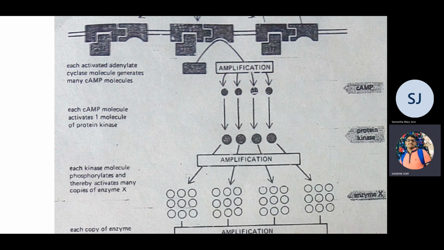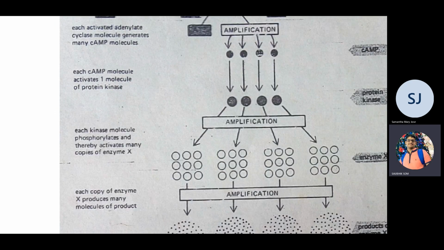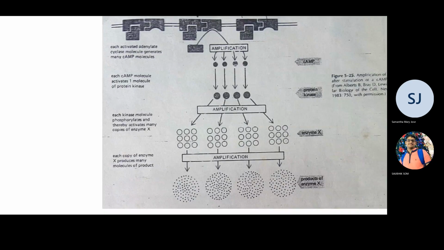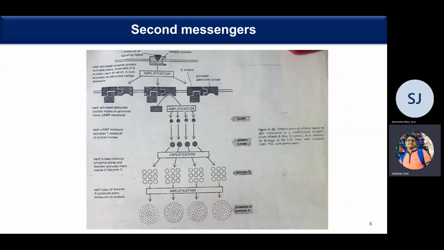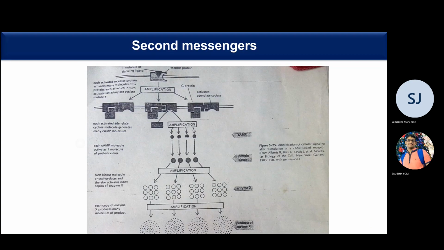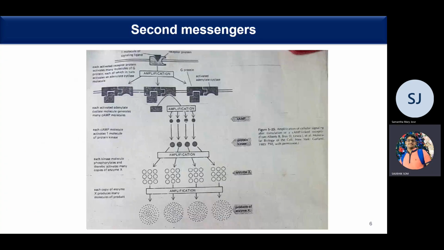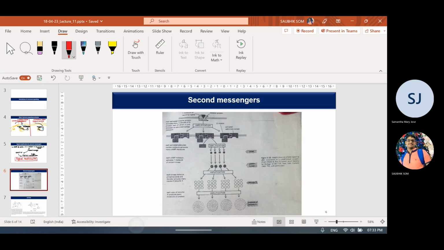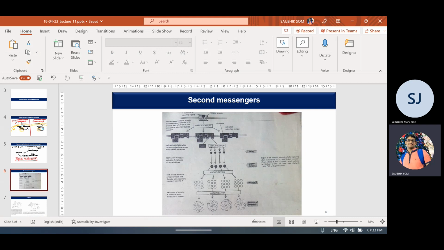So multiple protein kinases can now phosphorylate multiple enzymes, and thus the amplification is much higher. So from one molecule, we can amplify the signal to a higher level. That is also known as activation by second messengers.